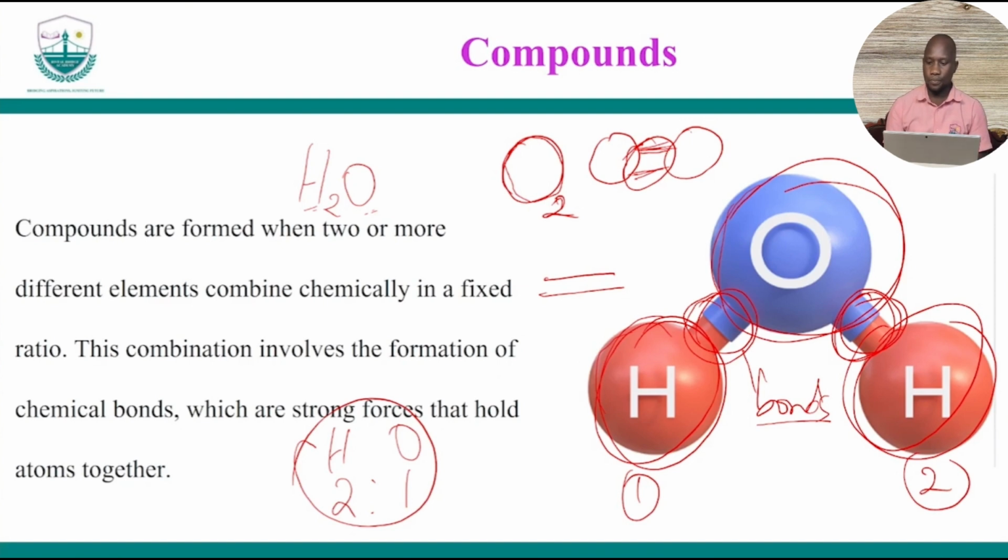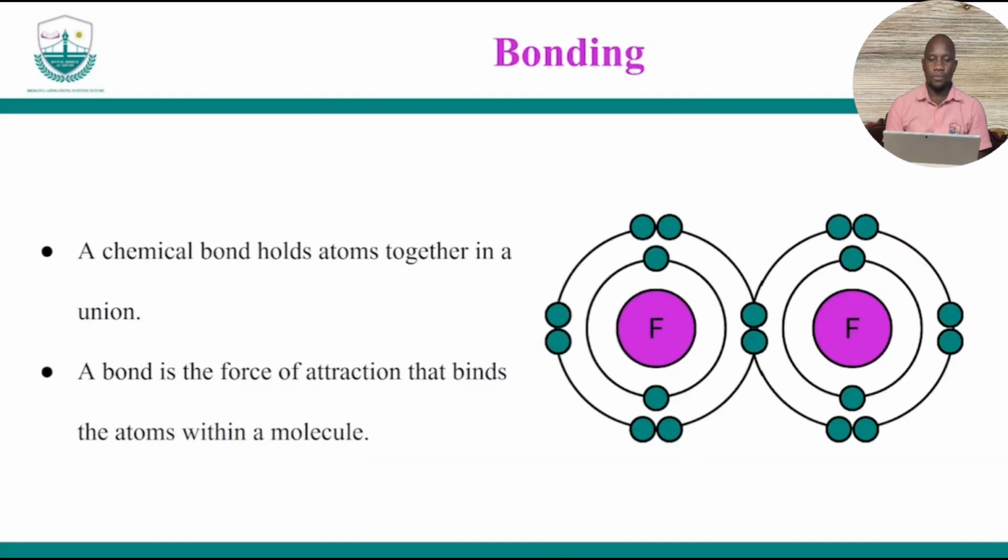So we move on, still emphasizing that the bonds are the ones that hold these atoms together. Here we have fluorine: one atom of fluorine here, and then another atom of fluorine there.